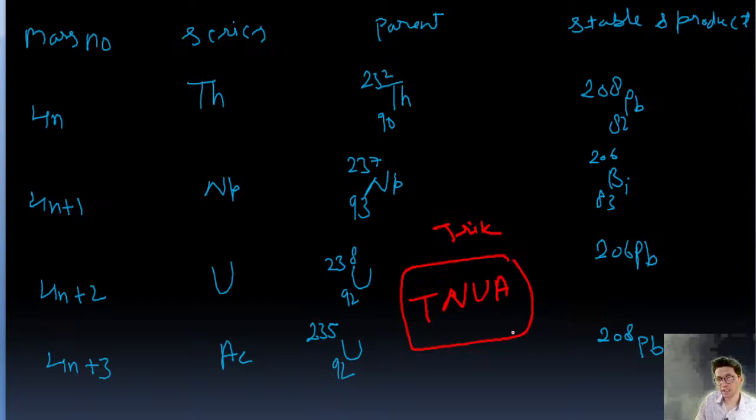T stands for thorium, N for neptunium, U for uranium, and A for actinium. By this you can remember the series: thorium 4n, then 4n plus 1 neptunium, then uranium 4n plus 2, and then 4n plus 3, that is actinium. And these are the stable products: lead, bismuth, lead. So this is the radioactive series, guys.